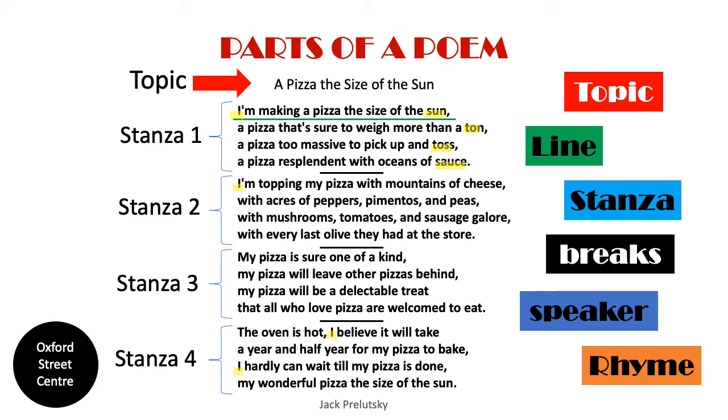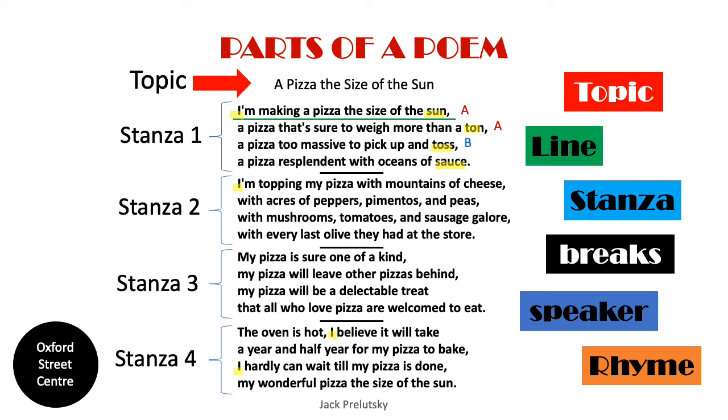But please note that different poems have different rhyme patterns. This poem has this kind of pattern. Okay, now that the rhyme scheme is found, we can even label it with letters. So, what we do is to label the first rhyme as A, and because ton rhymes with sun, we label it as another A. As you can see, toss doesn't rhyme with ton, so it's a new rhyme.